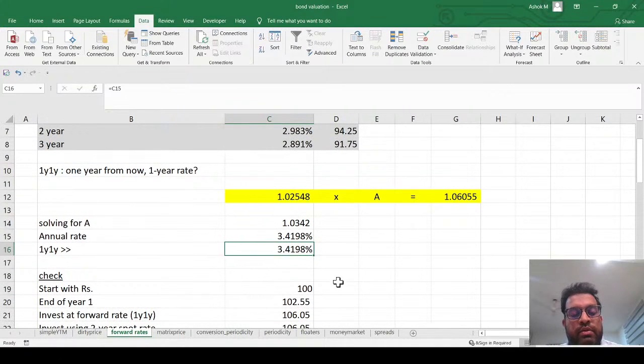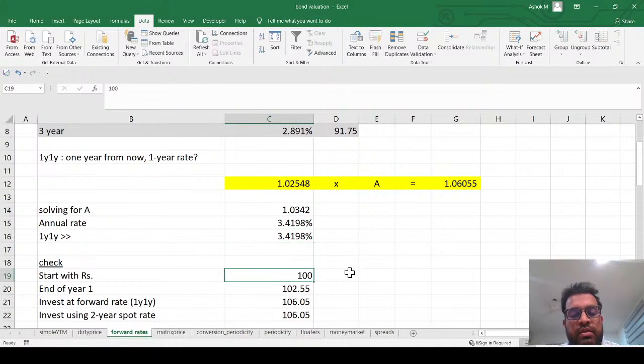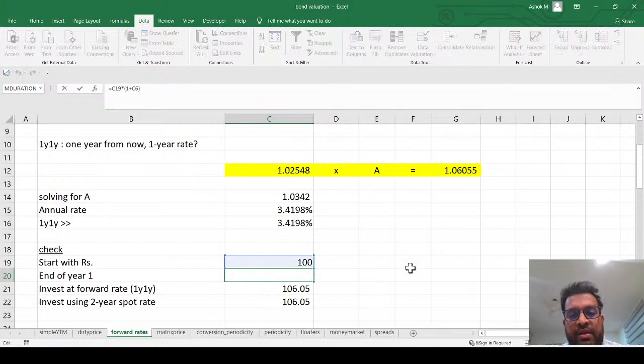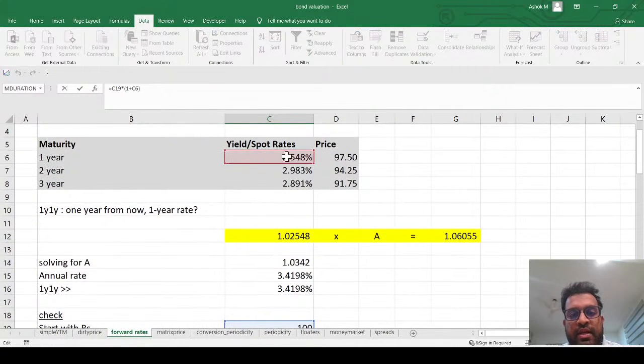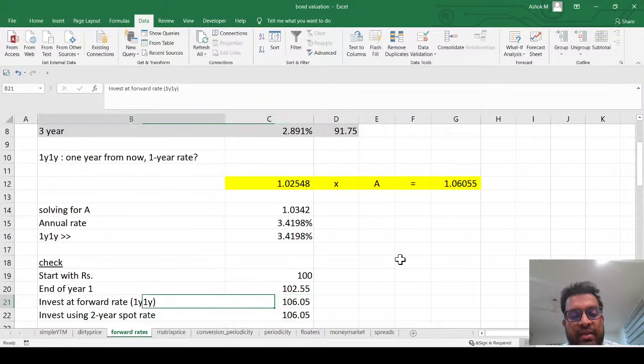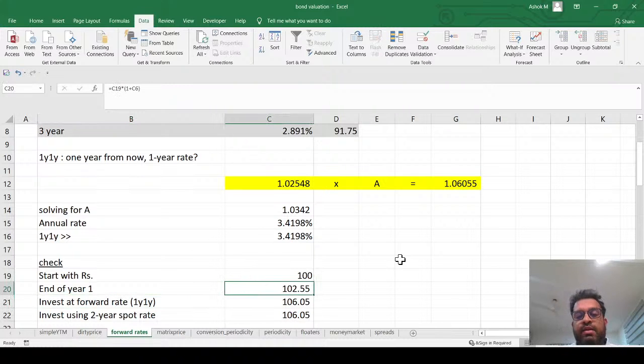Now if you want to check with a bigger number, it's always easy to check with 100 rupees value. So you start with rupees 100, and at the end of 1 year you'll get this first year rate, and you invest at the forward rate. At the end of 1 year you get this money, right?